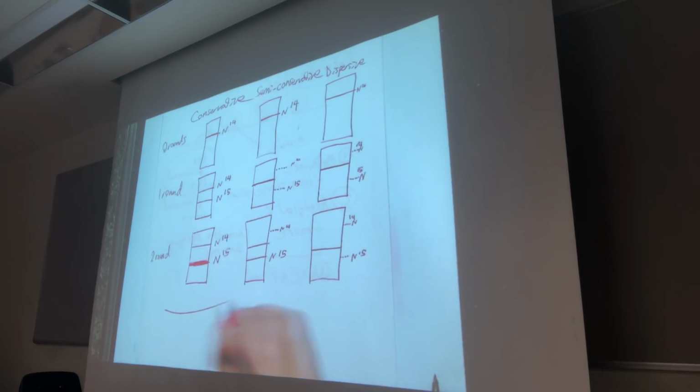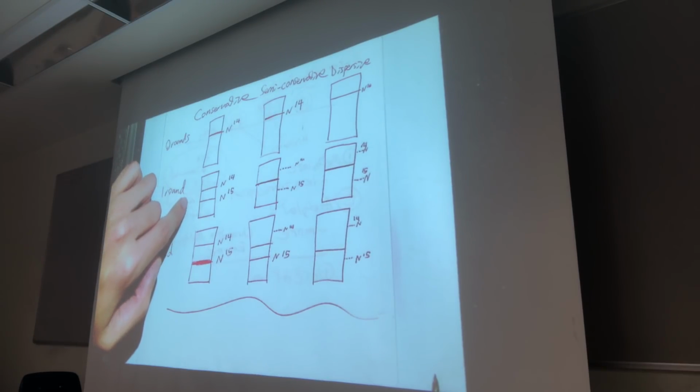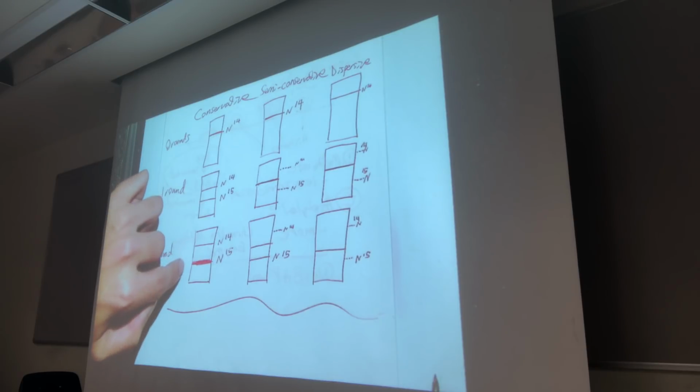So these are your 3 possible arrangements here. On the exam, you may be asked, what would Meselson and Stahl have observed if it turns out DNA was replicated via conservative replication? Well, they would have observed 2 bands after 1 round of replication, and still 2 bands after 2 rounds of replication.